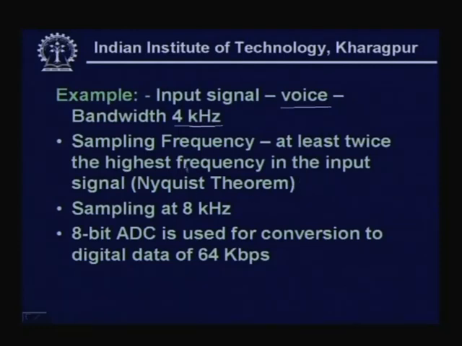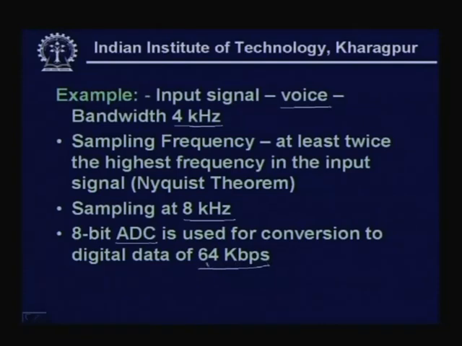Sometimes the signal is band limited before sampling to avoid aliasing error. So, the 4 kilohertz bandwidth signal is sampled at the rate of 8 kilohertz, and then you use an 8-bit AD converter, that means each sample value is converted into 8 bits. So, you have 8k sample values in 1 second and you multiply with 8 bits to generate digital data at a 64 kilobits per second rate.